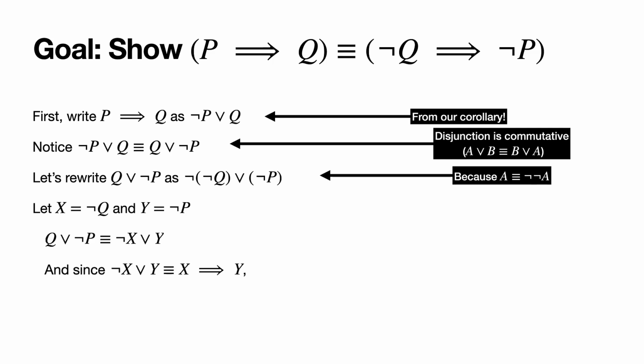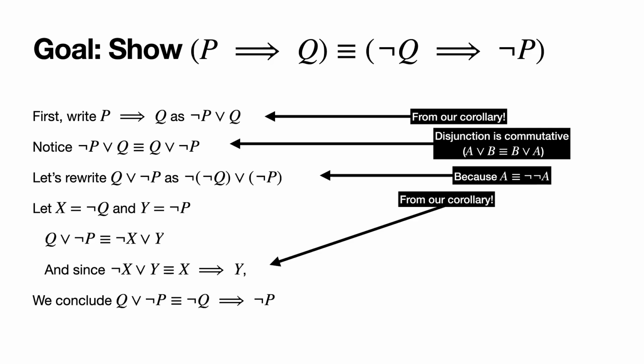Since not x or y is logically equivalent to x implies y, we can then conclude, by substituting in not Q and not P for x and y, we'll have our result as desired. So this once again comes from our corollary. We're just using it again. We can conclude that Q or not P is logically equivalent to not Q implies not P, and thus we have gotten to our answer.